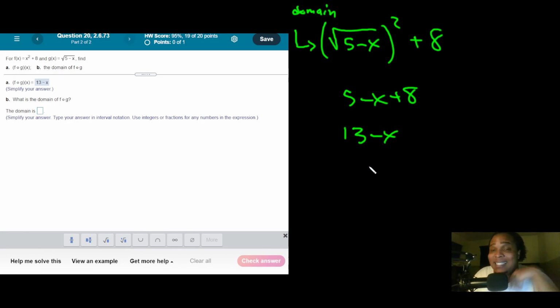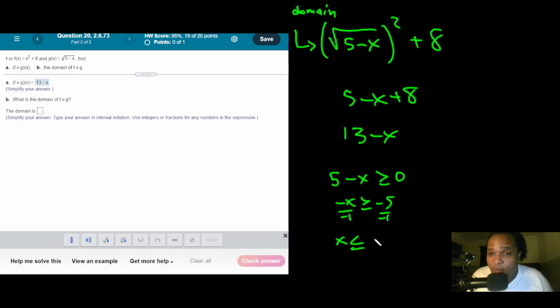So take the inside of that square root before you square it, say that it's greater than or equal to 0, and solve for x. So minus 5, you get negative x is greater than or equal to negative 5. So let's divide both sides by negative 1 to get rid of the negative. Remember, you flip the alligator to the other side, and then you simplify. x is less than or equal to 5.